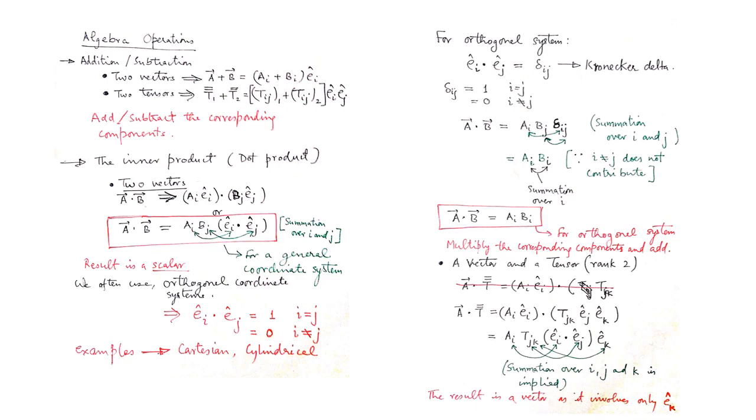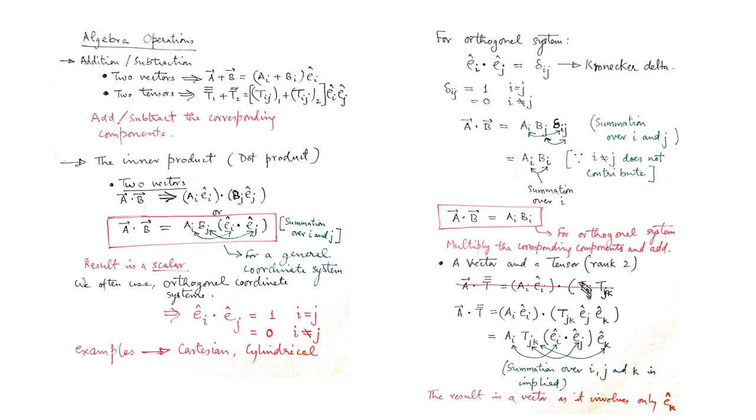Now this is a result which you are aware of because you have been trained to deal with orthogonal coordinate systems only. So that's why this is a special case for orthogonal coordinate systems. What we are essentially doing, the rule is multiply the corresponding components and add. Why add? Because i is a repeating index, so you have to add them.